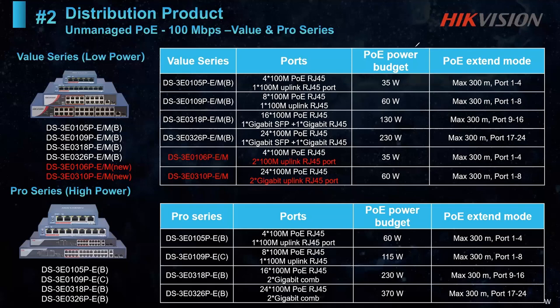You also have to calculate the power consumption of each camera model and make sure the switch can handle it, or otherwise you have to go for a switch with more power budget. Right, Varuna? Yeah, that's obvious.